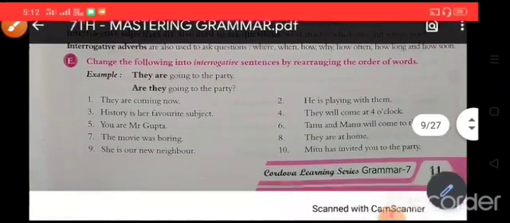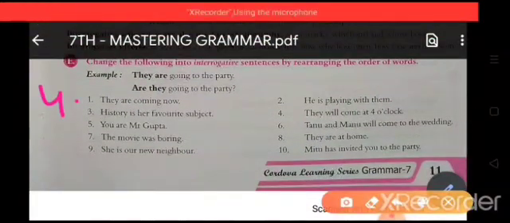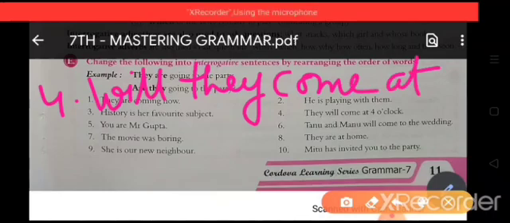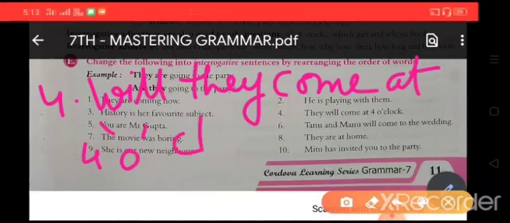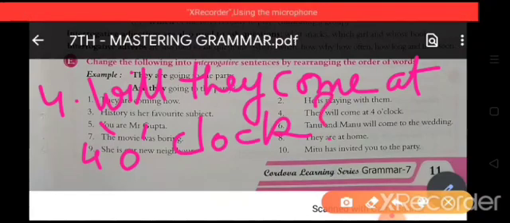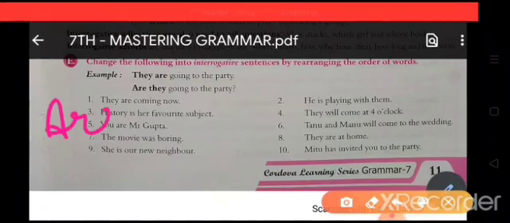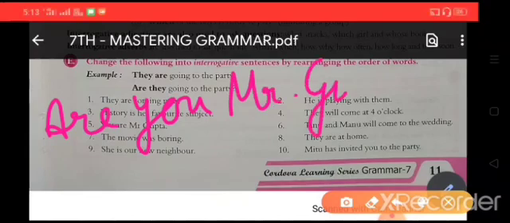Now fourth: they will come at 4 o'clock. Will they come at 4 o'clock? Fifth: you are Mr. Gupta. Are you Mr. Gupta?